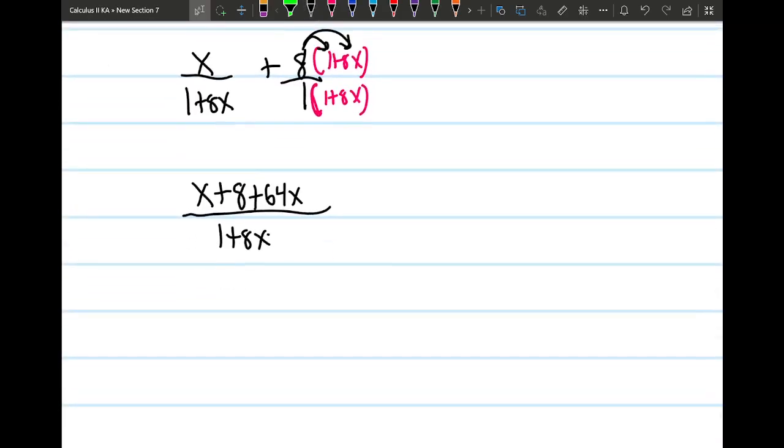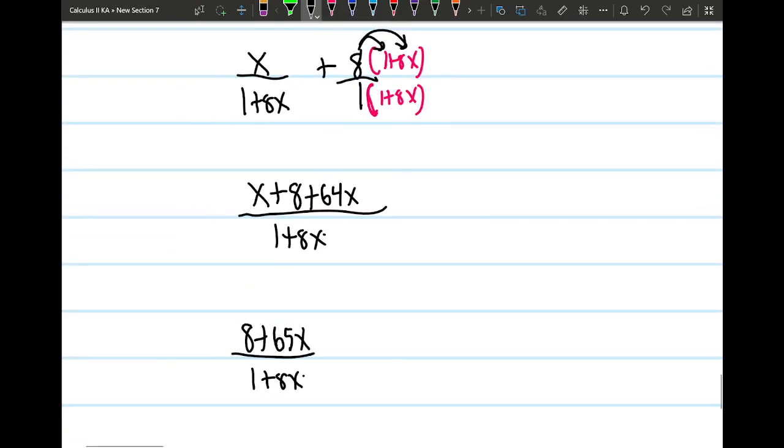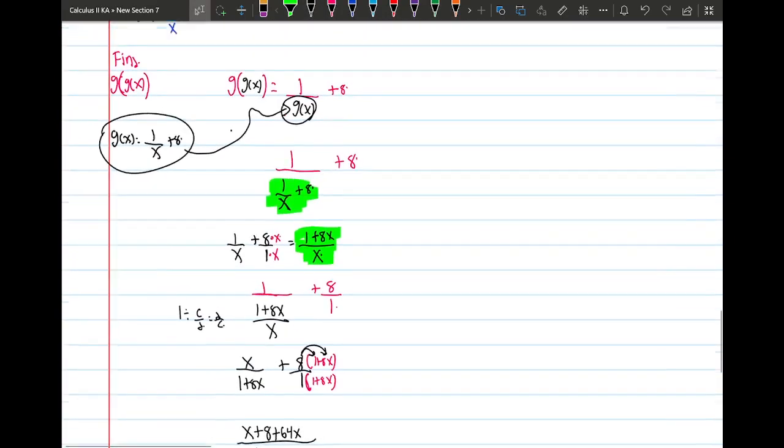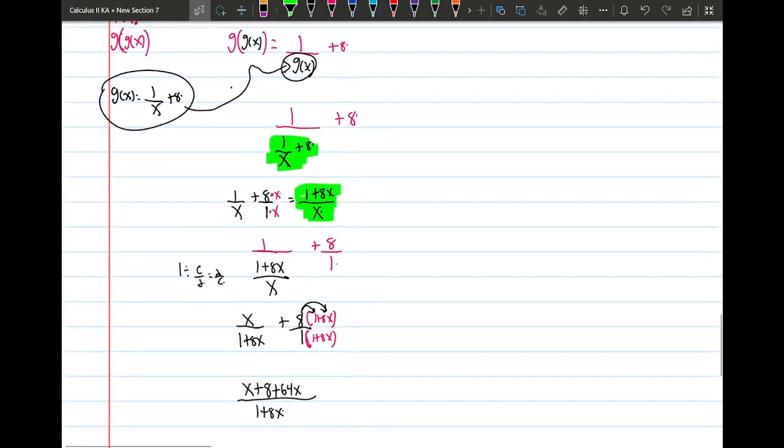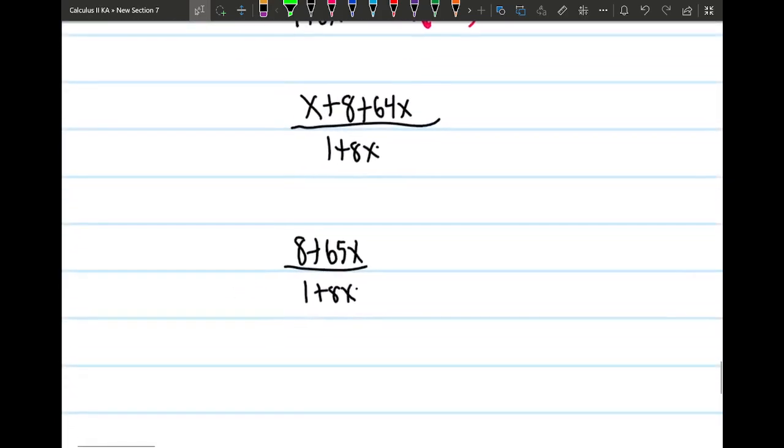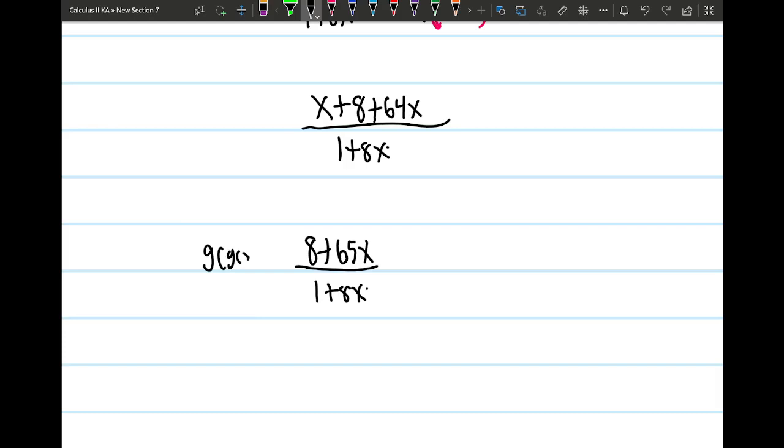So now this is going to end up being 8 plus 65x over 1 plus 8x. And so that is going to be our answer for g of x, or g composed with g of x.